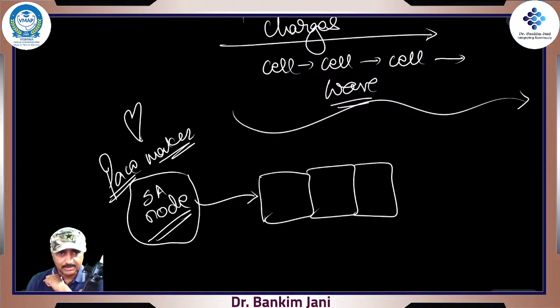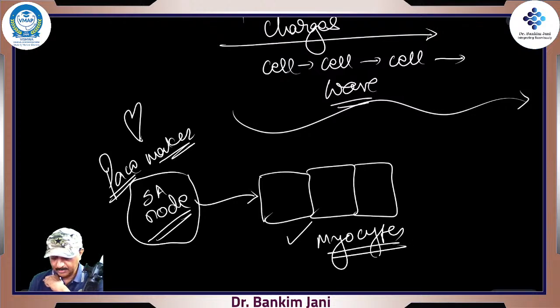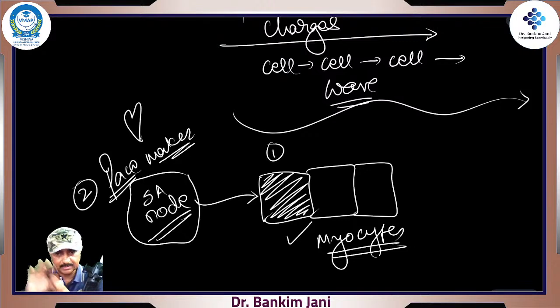Our focus right now is on these myocytes. Okay? So we'll deal with just one cardiac cell first. The SA node would be our second topic. This is our first, and this would be our second topic. So that's how we'll start.